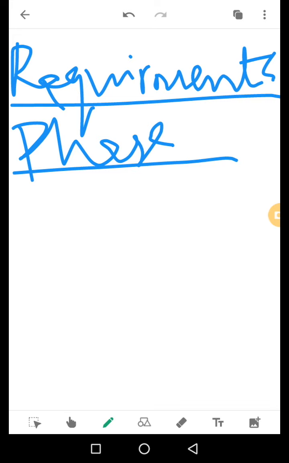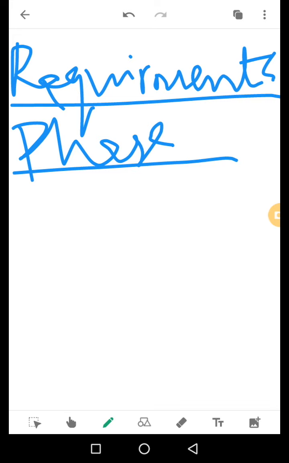Are you getting it now? So the requirement analysis function may also come under the scope of the project manager, program manager, or business analyst, depending on the hierarchy of the organization. Are you getting it now?